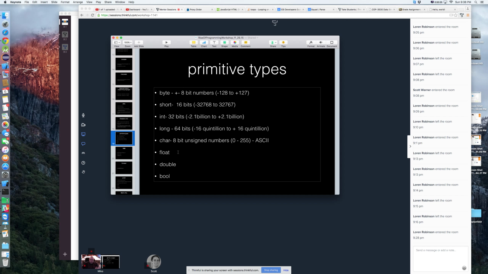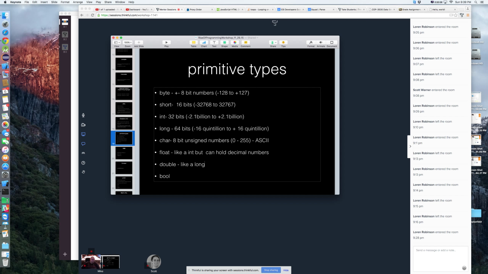All right, floats. A float is like an int, but can hold decimal numbers. And a double is like a long, but can hold decimal numbers. It's a little bit more complicated than that.